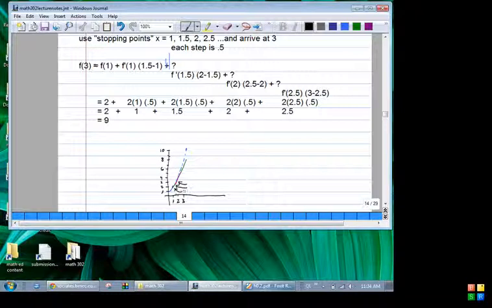Once I get there, I don't want to keep following that slope, so I use my linear approximation formula with the slope when x equals 2, and that straight line is the purple line. So what we're really doing is following little linear approximations. Instead of using one long linear approximation, the tangent line, we're using lots of little ones, step by step by step.